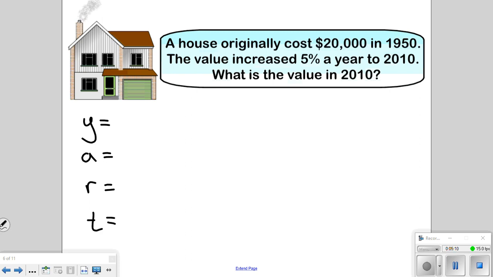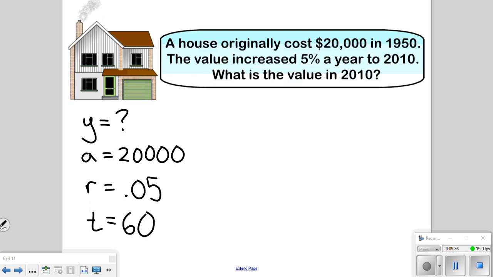My final amount, I do not know what that is yet, so I'm going to leave that blank. My initial amount is $20,000. My rate is 5% that it is increasing at, so I write that as a decimal. And my time, this time I'm going from 1950 to 2010, so that is going to be 60 years.